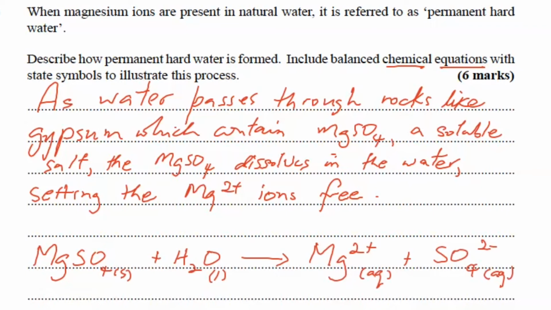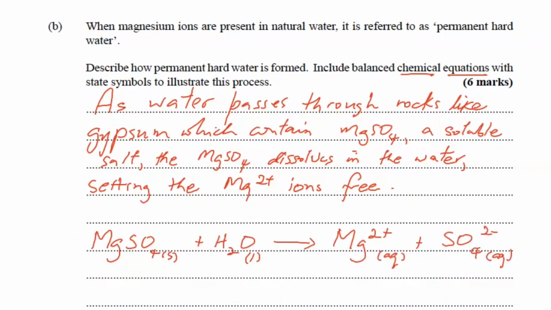In a conventional sense, it won't look balanced, but CXC would give the mark if you don't include the water. This concept is building on part 3 of A above, where we explain how or why water is able to dissolve Epsom salt. So it's the same principle we're building on.